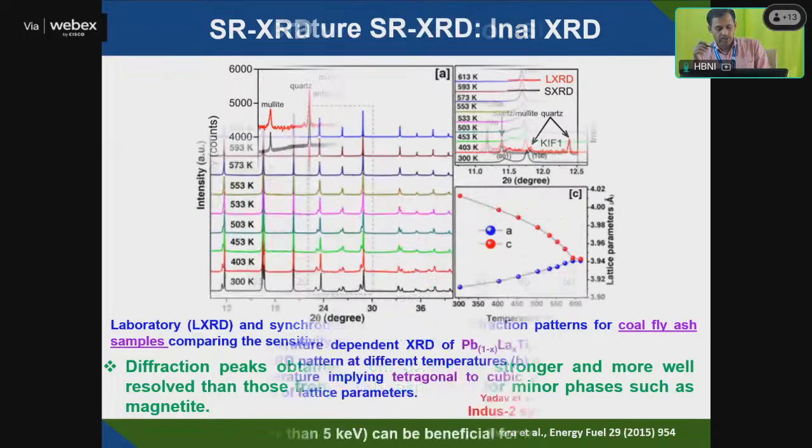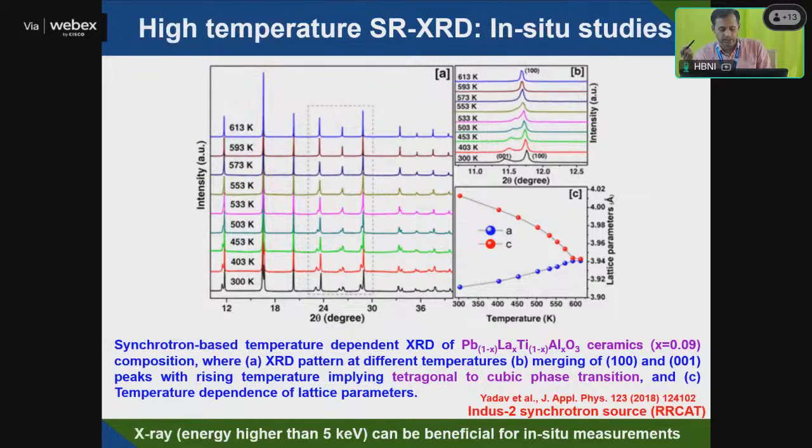You can see here a high temperature synchrotron XRD, where you are taking 300 to 613 K. You can see how the peak intensity changes; different peaks are increasing in intensity because of crystallinity changes. So that information with respect to temperature you can get. You can see the peak initially, the black one is here, then it shifted to a lower angle at 613 K compared to room temperature 300 K. So this shifting is due to some stress or strain.